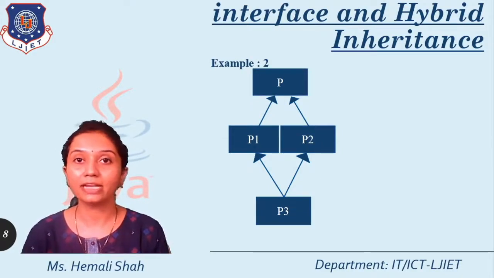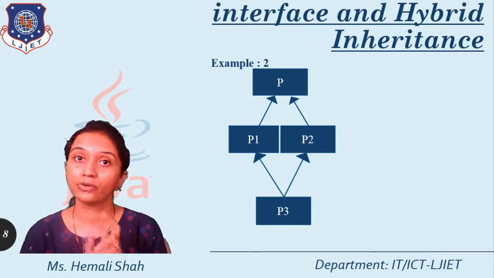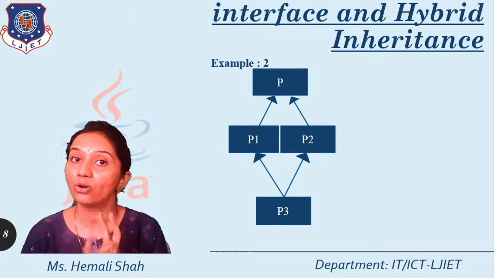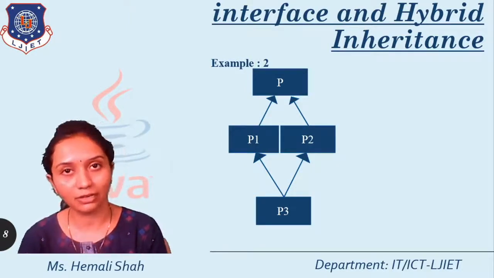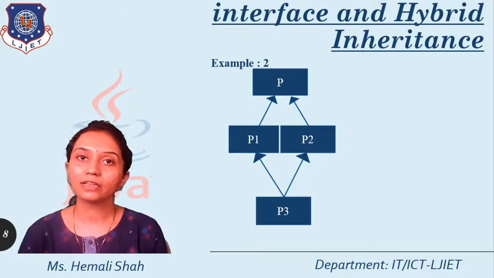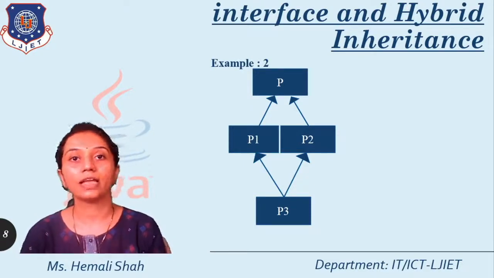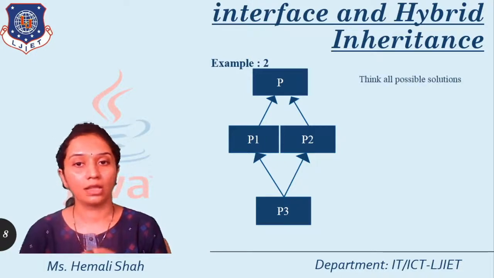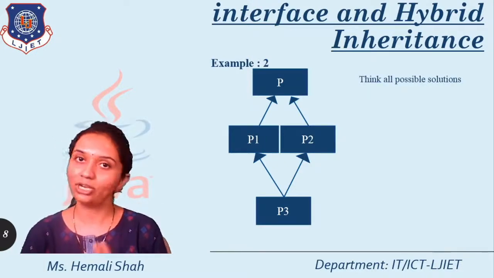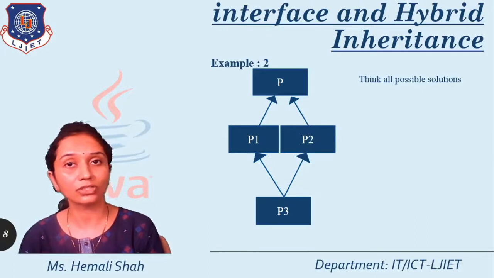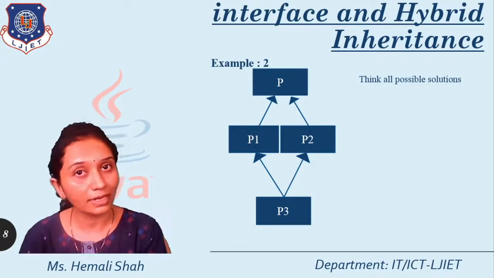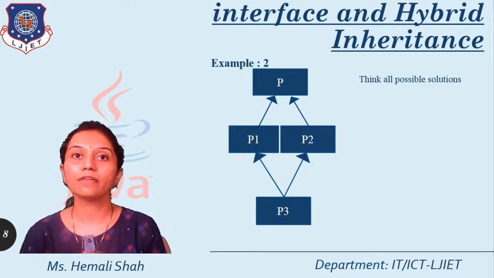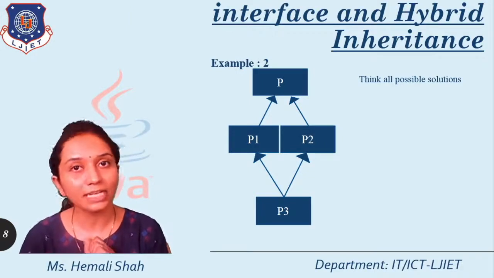So, if you are making anyone an interface, you have to create P as an interface only. So the possible solution can be P as an interface, P1 as an interface, P2 as an interface, and P3 you can create as a class or it can be an interface. Second solution, you can create P as an interface, P1 as an interface, then P2 can be a class. The same way, if P1 is a class, then P2 can be an interface.